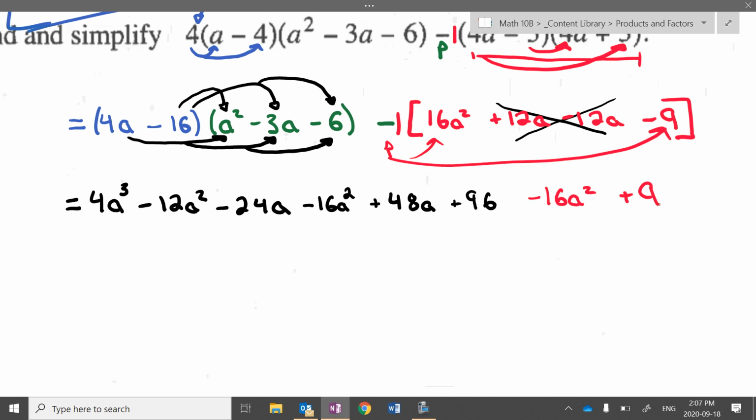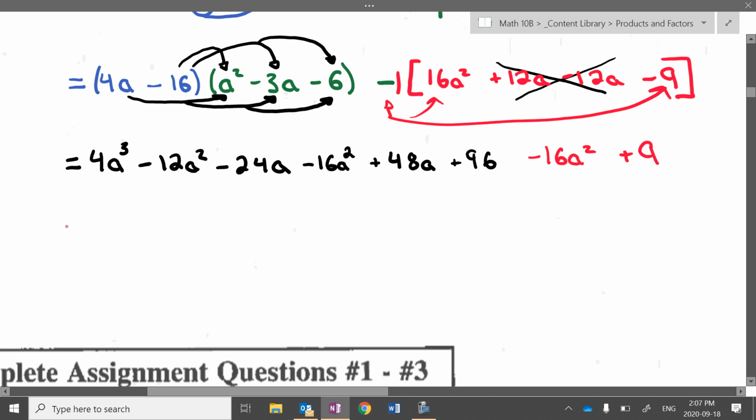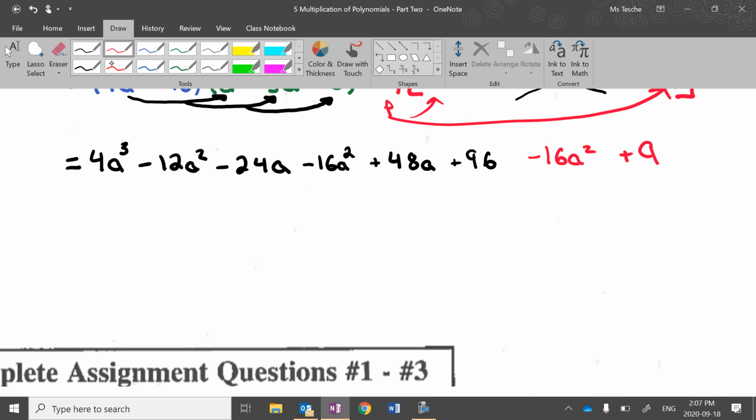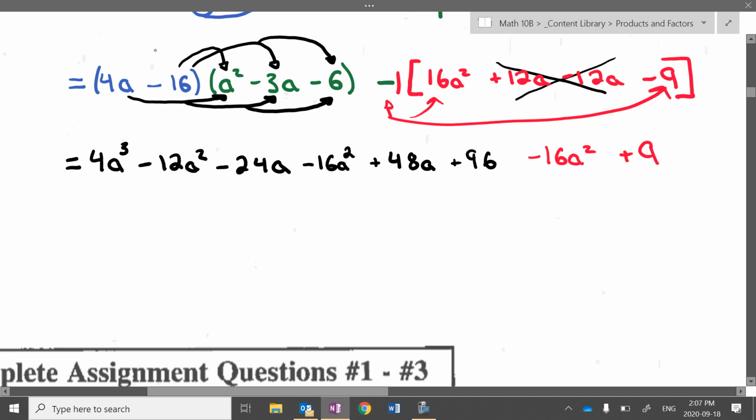Okay, from here, we have to combine like terms. I have one term that's a cubed, correct? So I'm going to stay with 4a cubed. I have a couple a squares. So I have negative 16a squared and a negative 16.